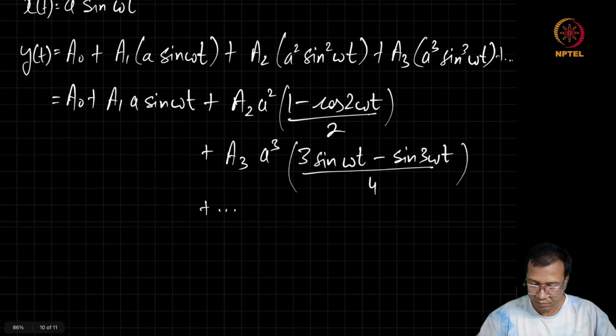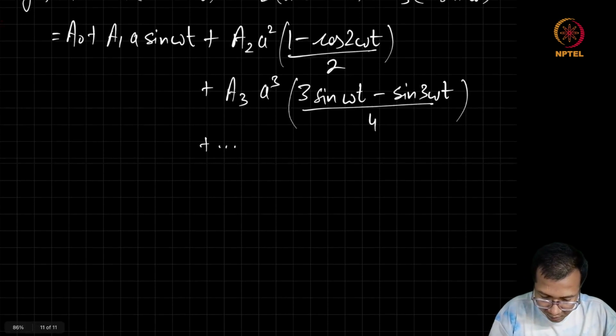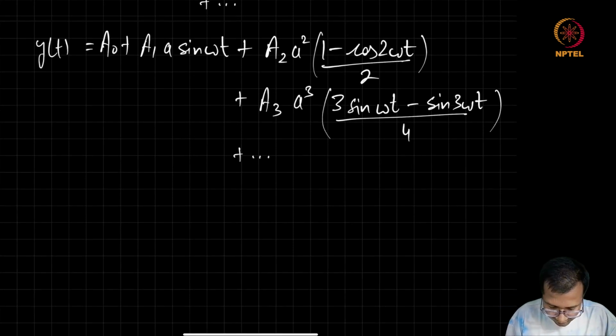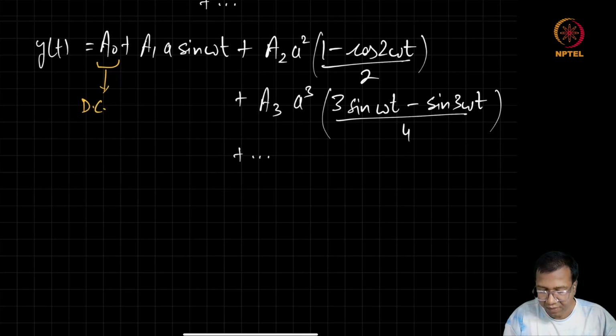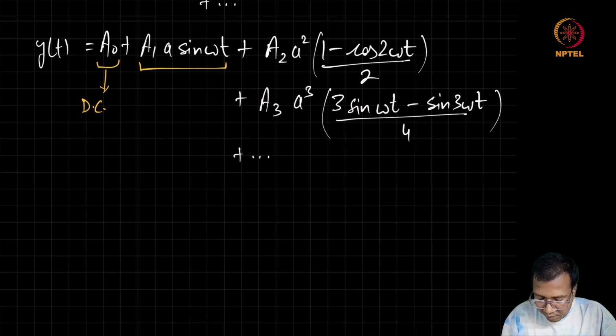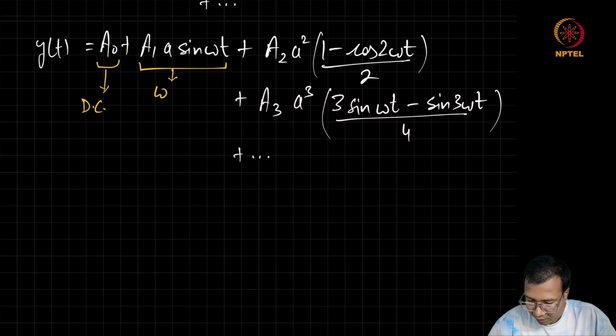Okay. So here, if we rearrange, right now, let's talk about only the nonlinearity till the third order. Okay. See that the first term is only contributing a constant, which is a DC term. Okay. The second term, because of the linear component, is giving rise to a signal at frequency omega, which is the same as the input frequency.